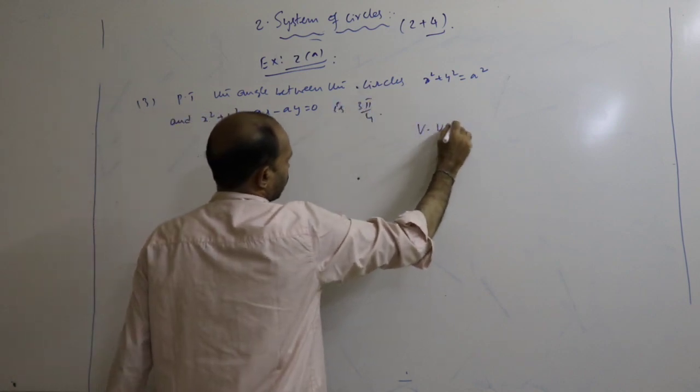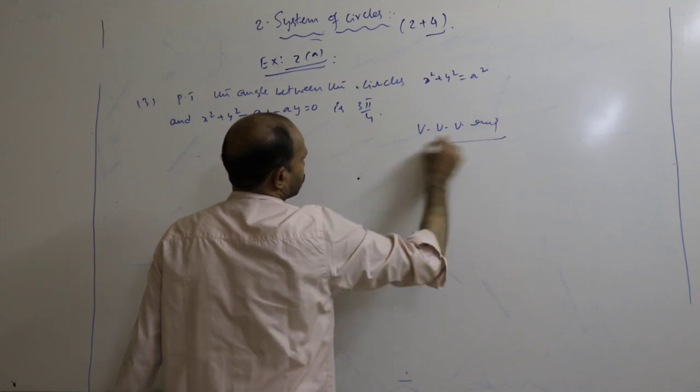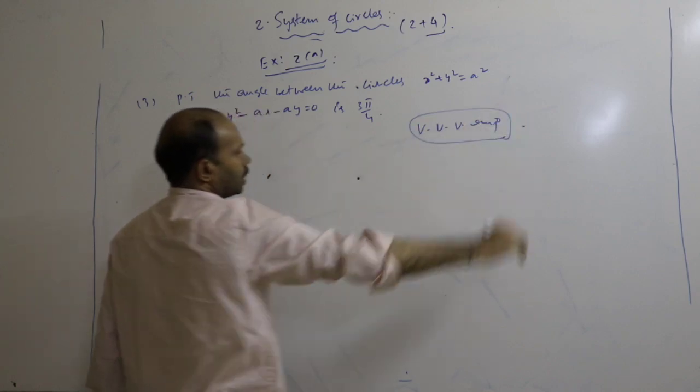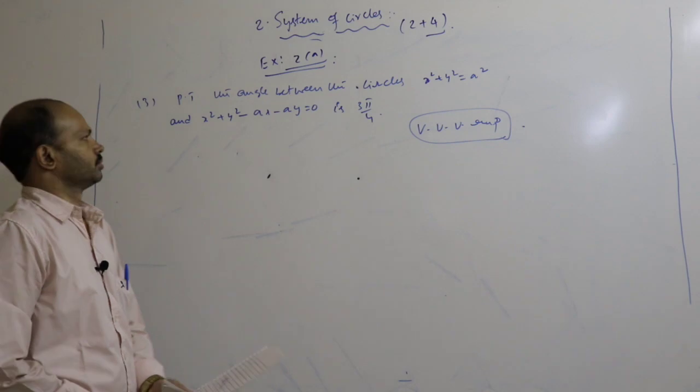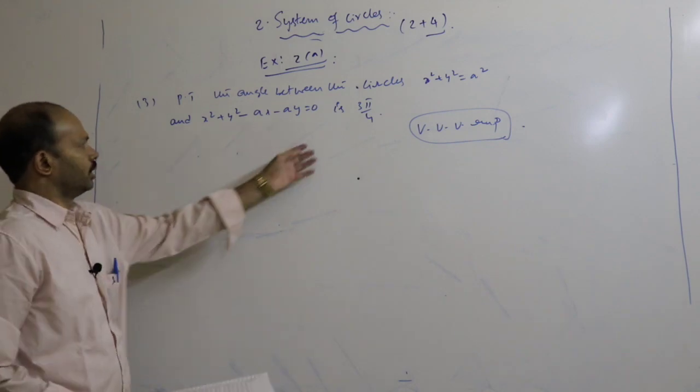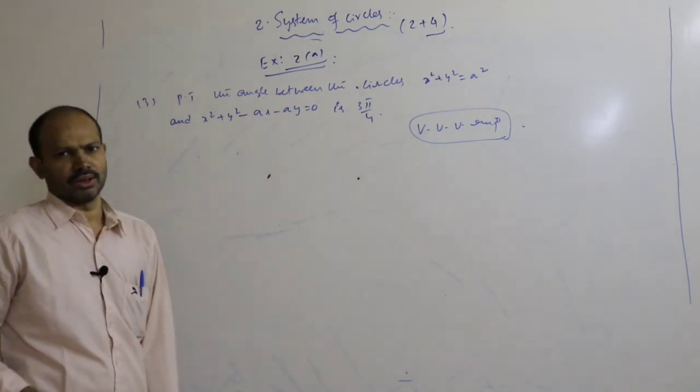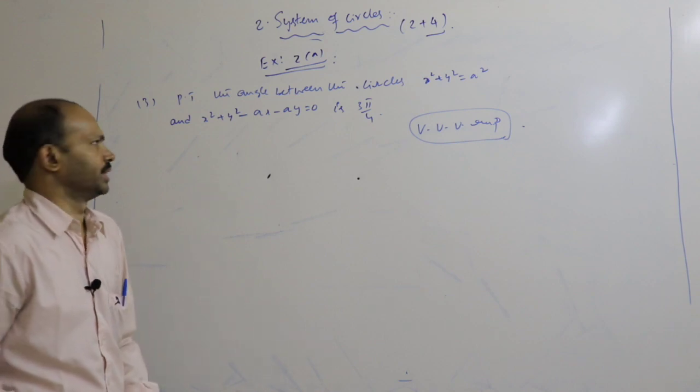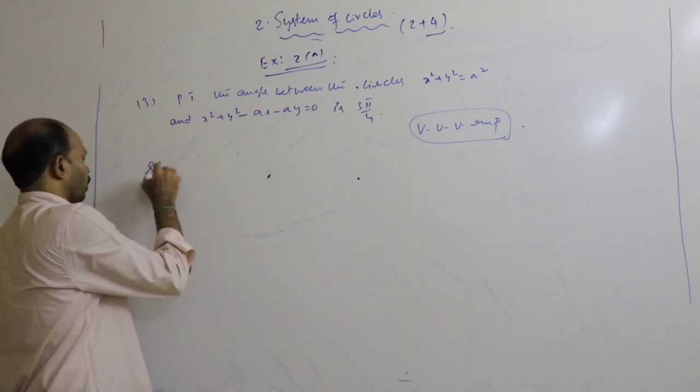So very important bit. A repeated previous question. Find the angle between them and show that it is 3 pi by 4, 135 degrees. Come to the solution part.